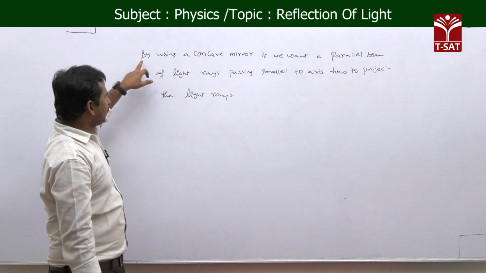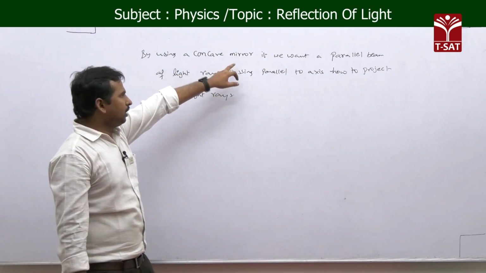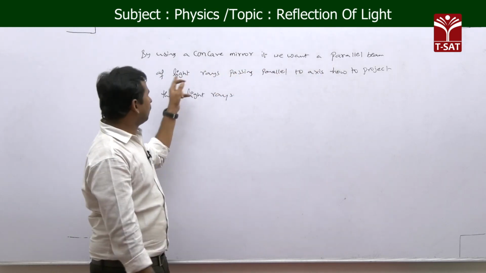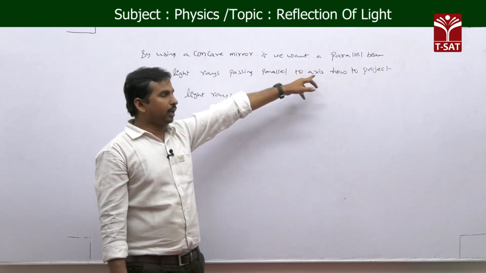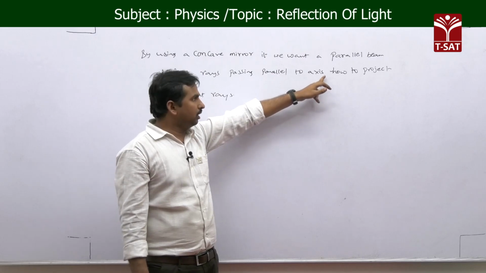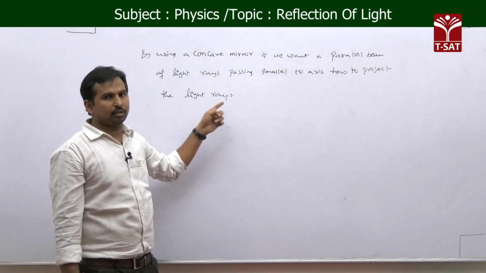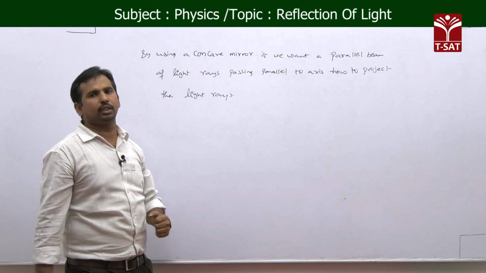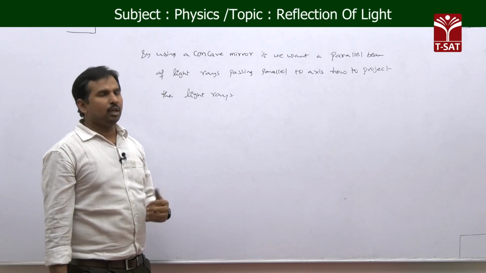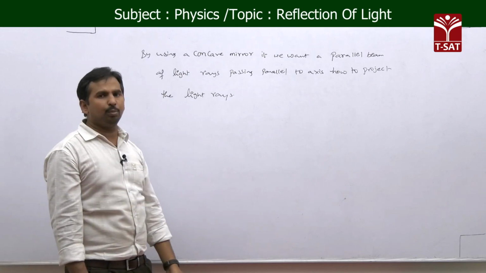So the question is, by using a concave mirror, if we want a parallel beam of light rays passing parallel to the principal axis, how to incident the light rays on that concave mirror? Actually here we need a parallel beam of light rays.